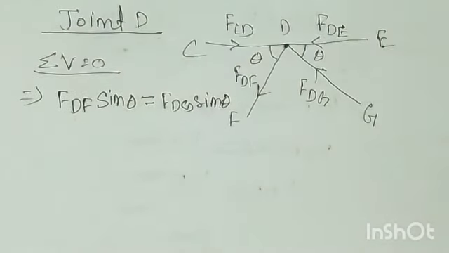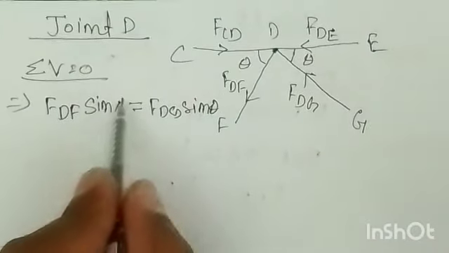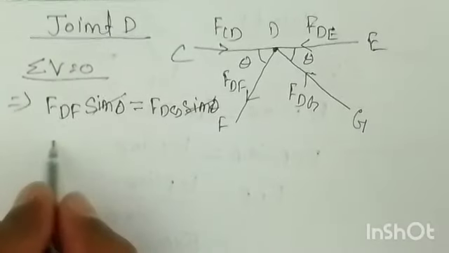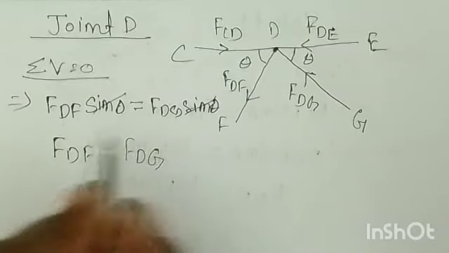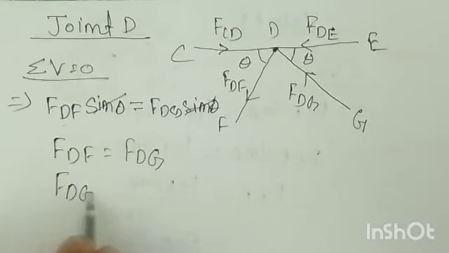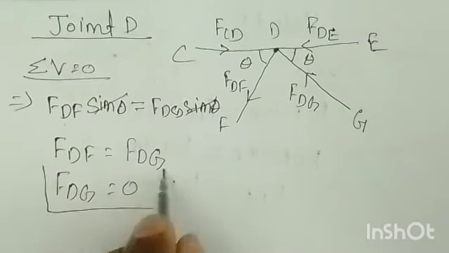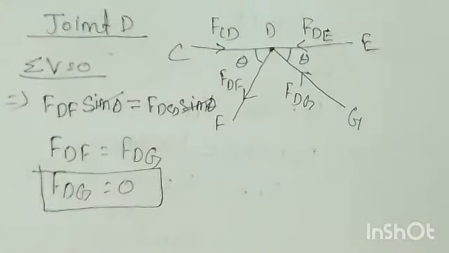Why? Because one is going away from D and one is towards D. So sine theta gets cancelled, FDF is equal to FDG, and FDF we already got in the previous joint as 0. It means in member DF we don't have any forces. So FDG is equal to 0, no forces in member DG like DF, right.